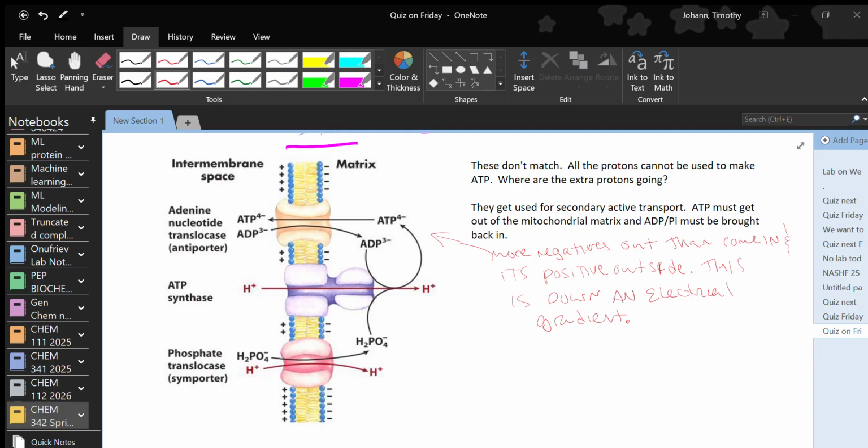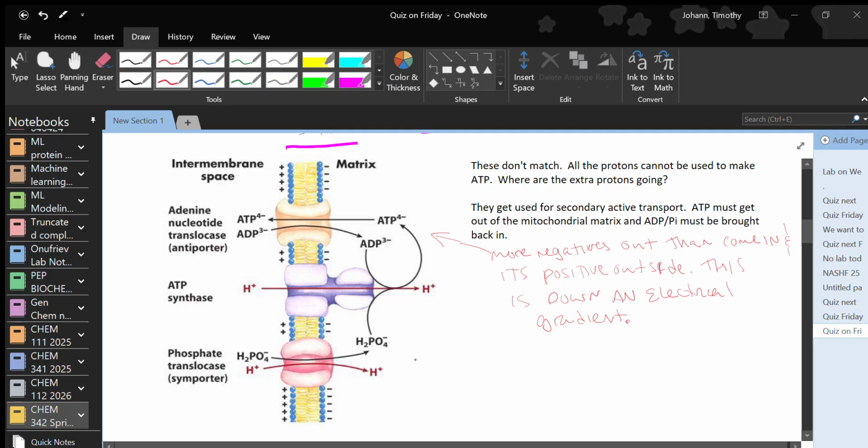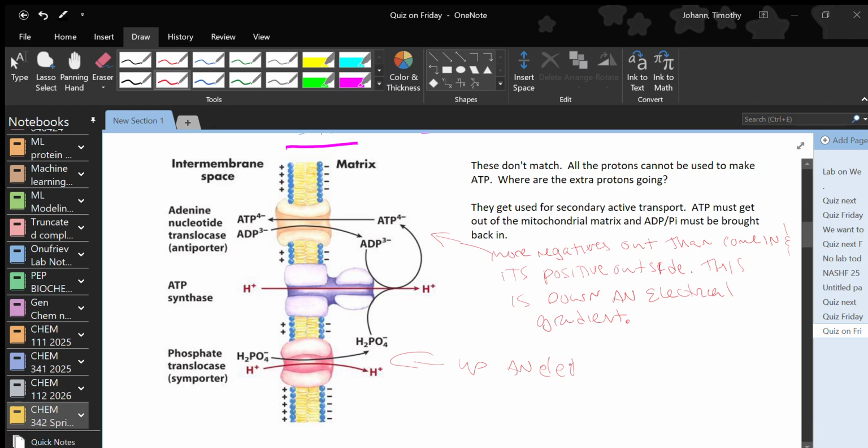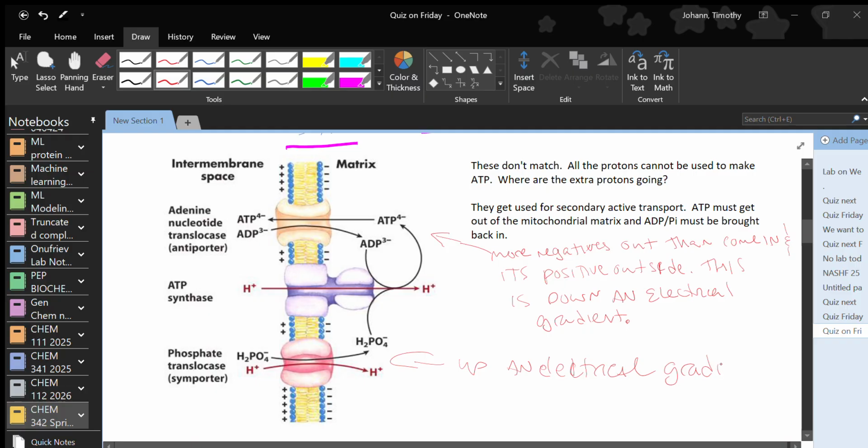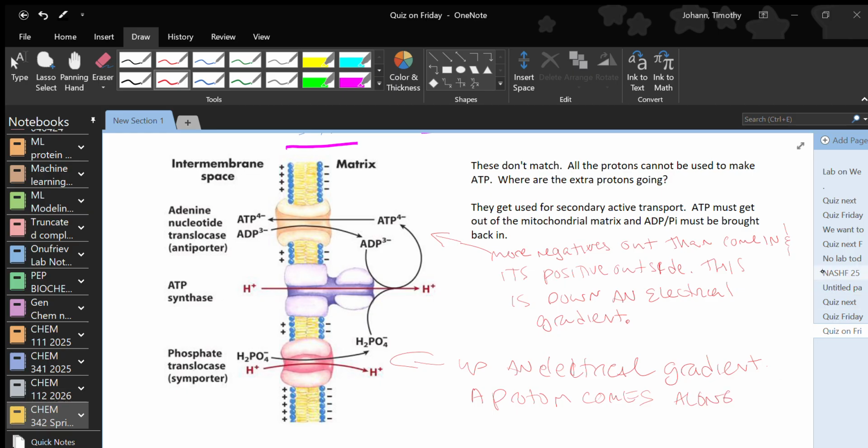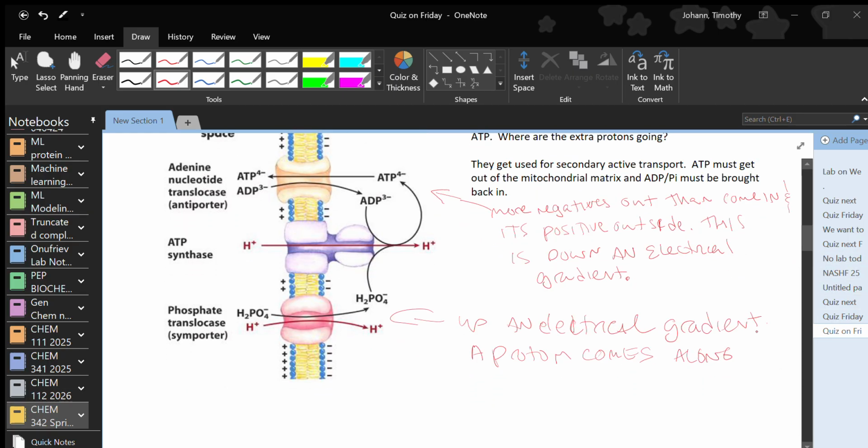And there we're degrading the proton gradient a little bit as well. So this is up an electrical gradient. So a proton comes in, comes along to provide energy for transport.